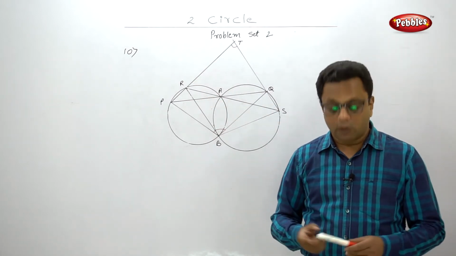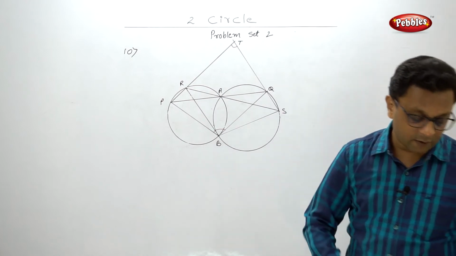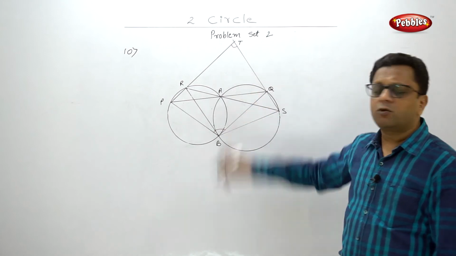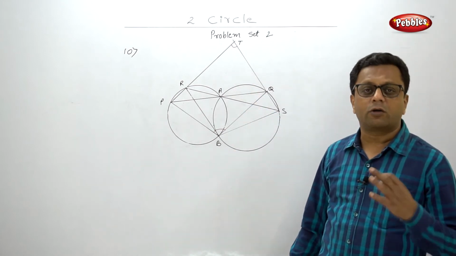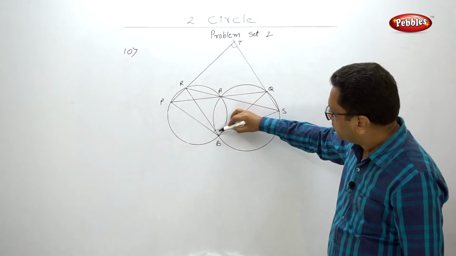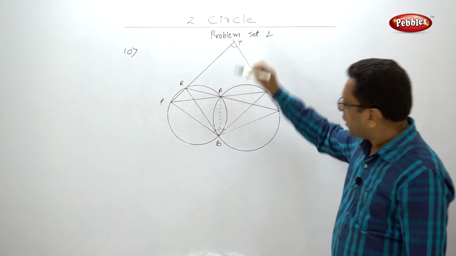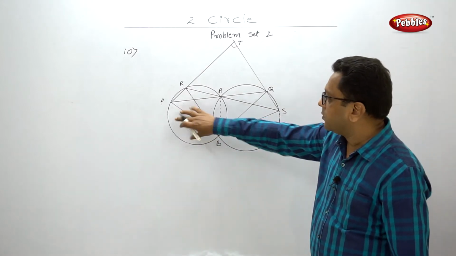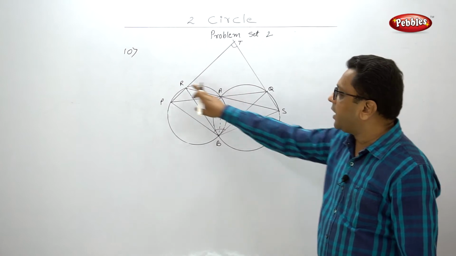Let us solve the first part, that these two angles are supplementary. Now here, whenever two intersecting circles are there, whether you want or not, always join this. I join line AB. Now look at this circle, this PBAR.